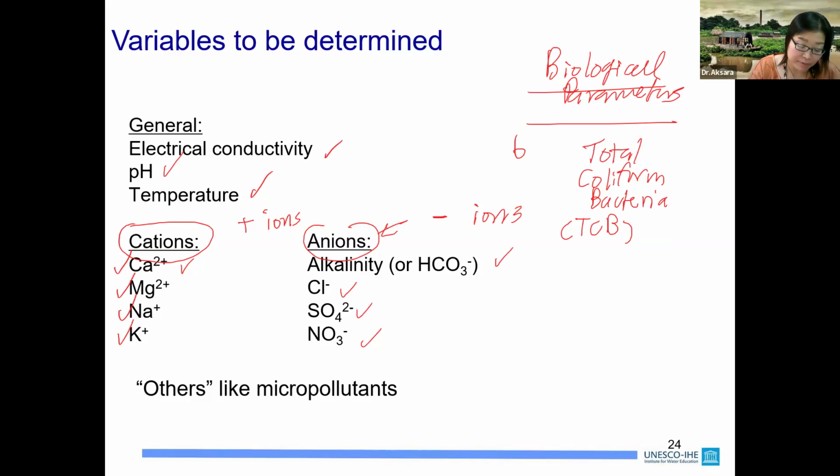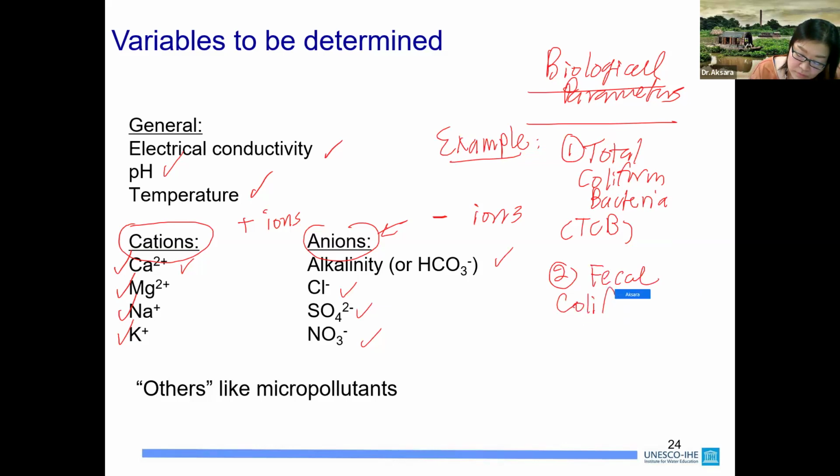I'm giving you an example. And another biological parameter that we're measuring is fecal coliform bacteria, in short FCB. Okay, these are the biological parameters that we're measuring.